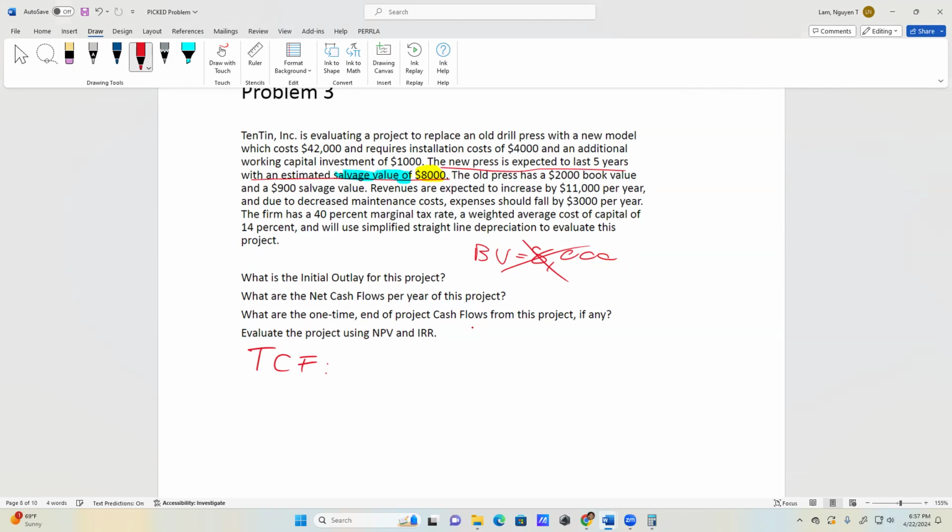But in this one, you see the old press. That is the old book value. That is the old salvage value. Revenue increased by that much. You see a decrease in maintenance costs. When it's a decrease, then you know that when you find the free cash flow, it's an increase in revenue minus 3,000 for the maintenance cost, because a decrease in maintenance cost means they do better.